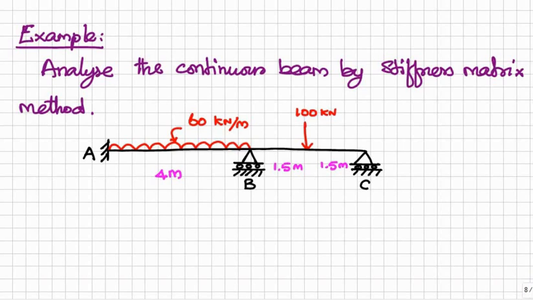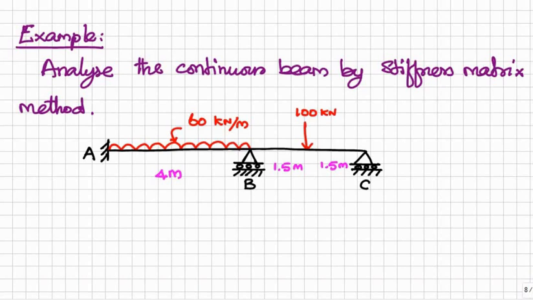In the stiffness method, first we have to identify the degrees of freedom. That is where we have the possible movements. And remember, in beam problems, there is only one movement, that is rotation, at each joint or support, except fixed supports.